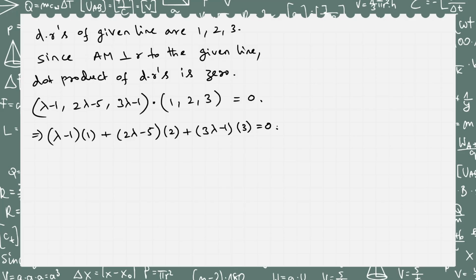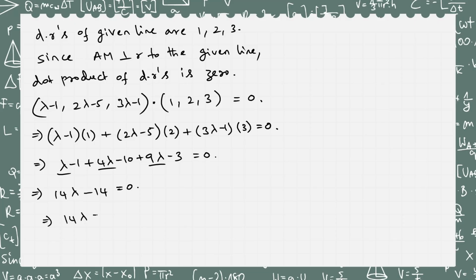That's how we take the dot products, right? So that will be lambda minus 1 plus 4 lambda minus 10 plus 9 lambda minus 3 equal to 0. That implies 1 lambda, 4 lambda and 9 lambda, their total is 14 lambda. Minus 1, minus 10, minus 3 will be minus 14 equal to 0. That implies 14 lambda equal to 14, so lambda equal to 1.